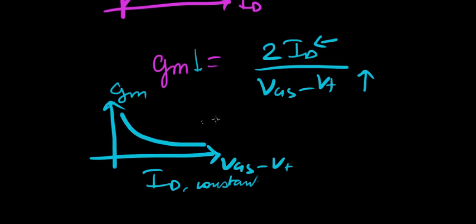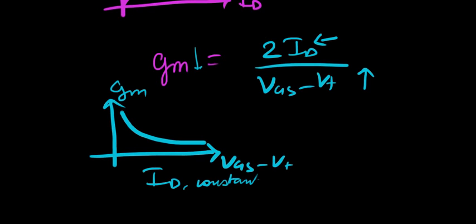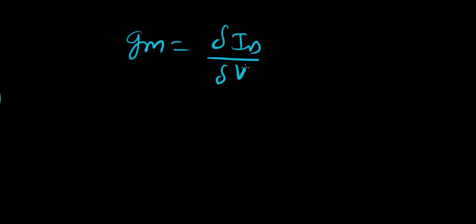So that is the reason we look at various forms of GM. I will write all those forms again so that you can note it down. Let me write down the different forms of GM that we've looked at today. Delta ID over delta VGS is the most basic form of it when VDS is constant.